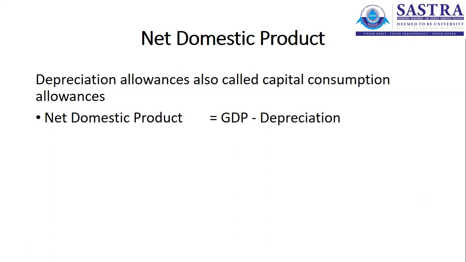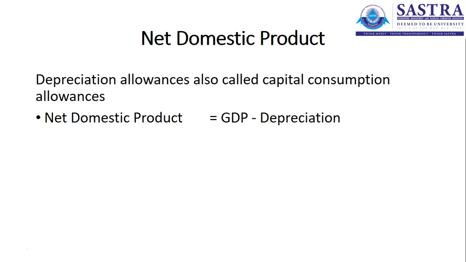The net domestic product is calculated as gross domestic product minus depreciation. The gross domestic product is calculated on the basis of consumption expenditure, investment expenditure and government expenditure plus export minus import. Along with this, we subtract the depreciation allowances or capital consumption allowances during the given period of time.